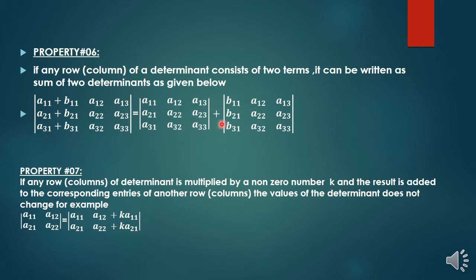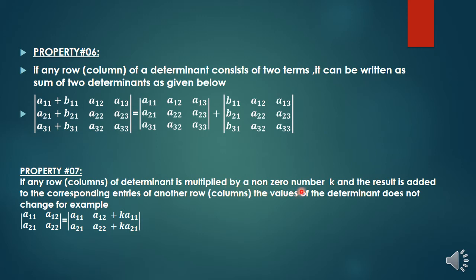We write the first part here, and the other columns remain the same. Similarly, introduce the plus sign, and the other column entries are b11, b21, b31. So we write it here, and the other two columns remain the same. So it is a property. If you have a matrix like this, then you can split it into these two parts.